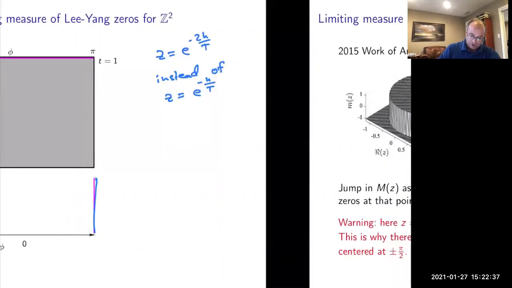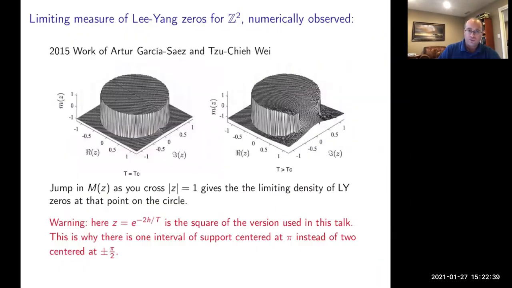So I want to show you a really cool numerical simulation of the Lee zeros done by Arturo Garcia Saez and Suche Wei, who's from Stony Brook. They approximated the Ising model by an approximation called tensor networks.